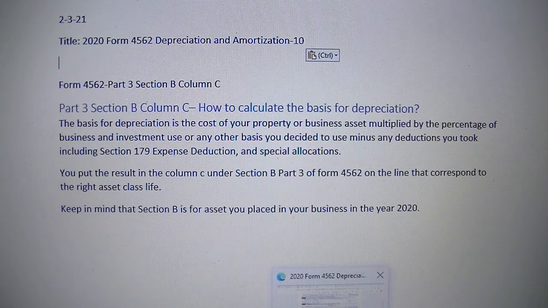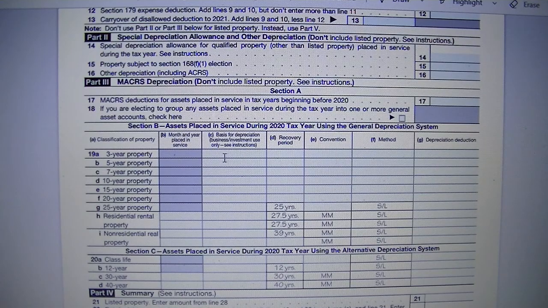The result will go in column C, line 19, on the right line that corresponds to the property class year, and that will be part 3 of Form 4562.